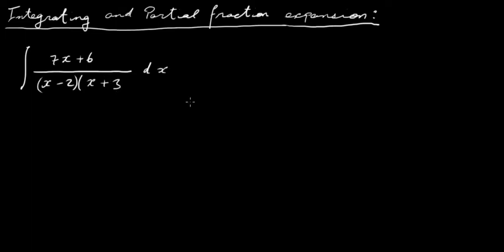So what we're going to do is perform partial fraction expansion first, and then we're going to do the integration. So let's just do the partial expansion. What that means is I'm going to take this fraction, 7x plus 6 all over x minus 2 times x plus 3, and I'm going to split it up into two fractions added.